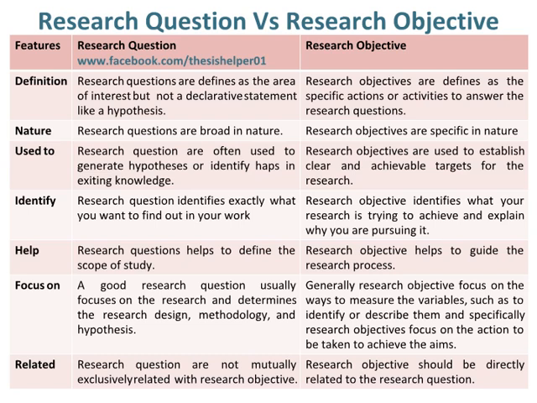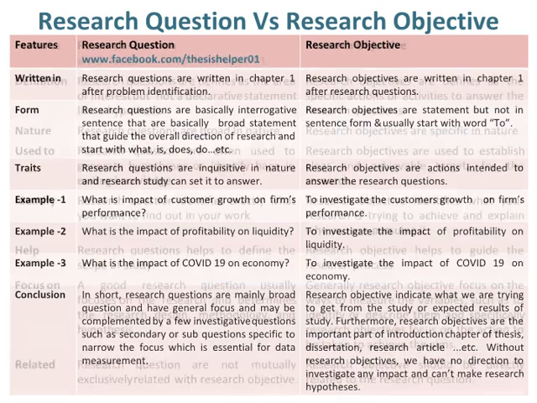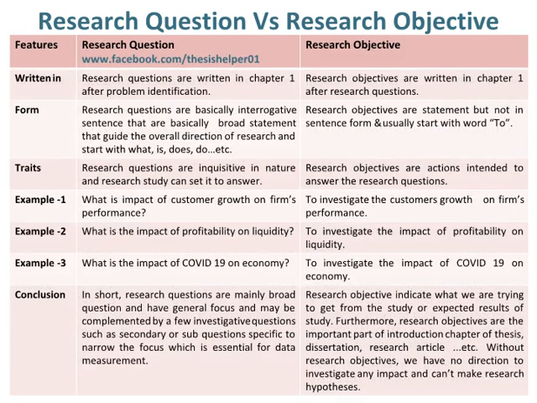Research questions are not mutually exclusively related with research objectives, whereas research objectives should be directly related to the research question. Research questions are written in Chapter 1 after problem identification, whereas research objectives are written in Chapter 1 after research questions.